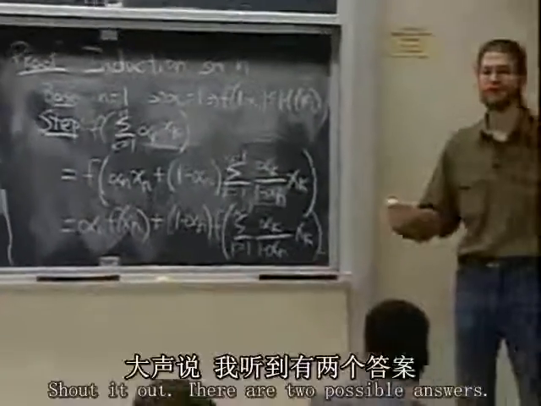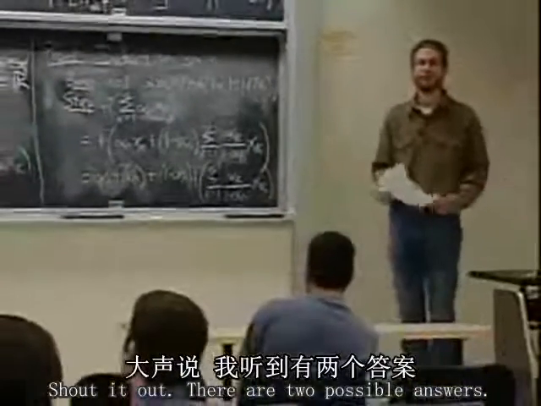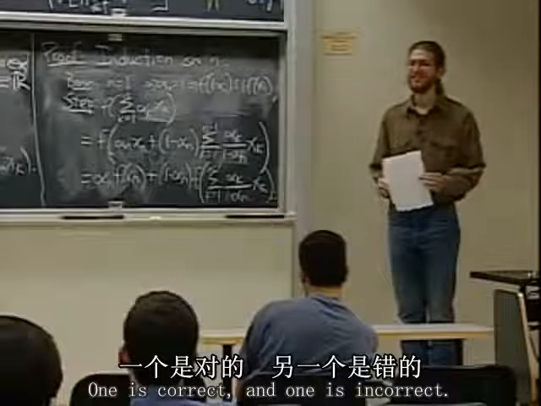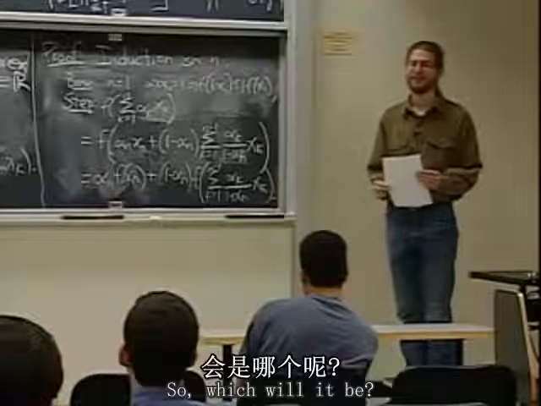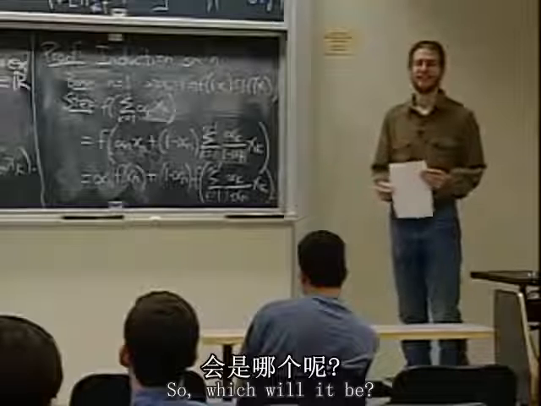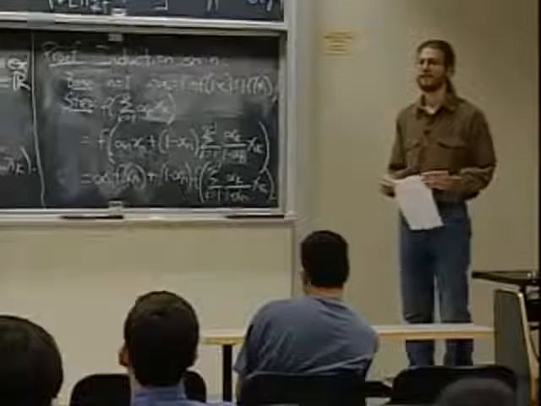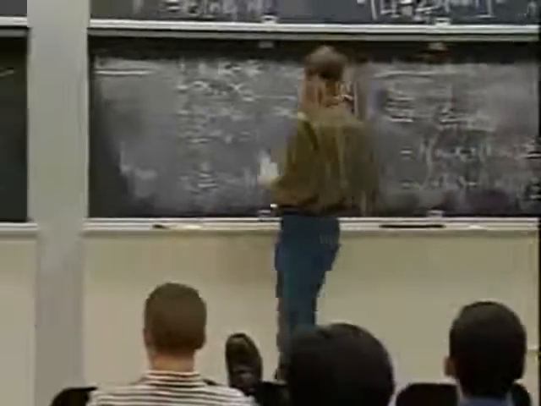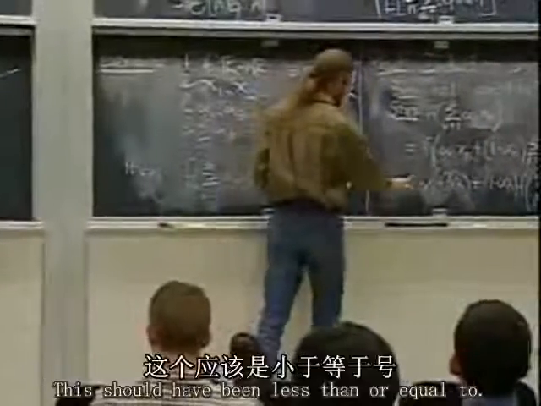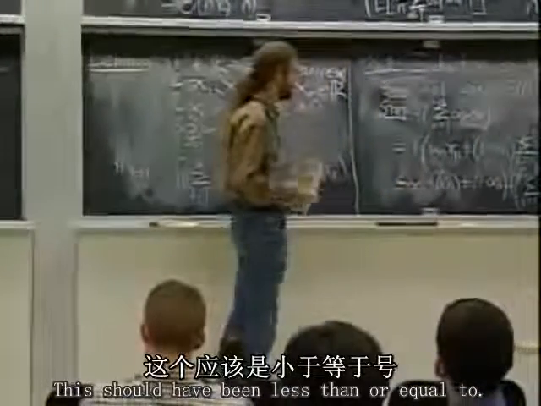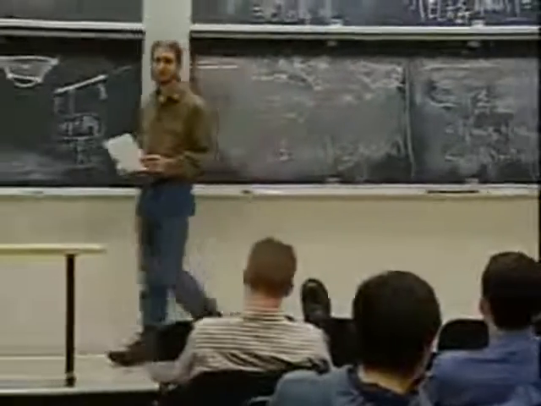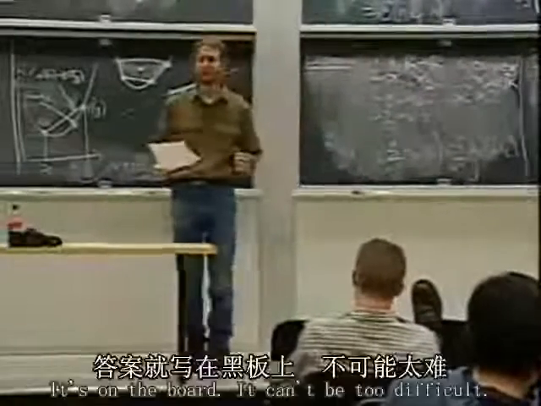Shout it out. There are two possible answers. One is correct and one is incorrect. So which will it be? Oops, this should have been less than or equal to. It's important. It's on the board, can't be too difficult.